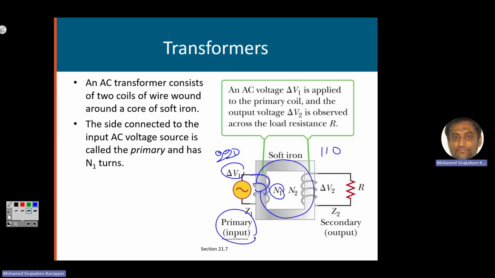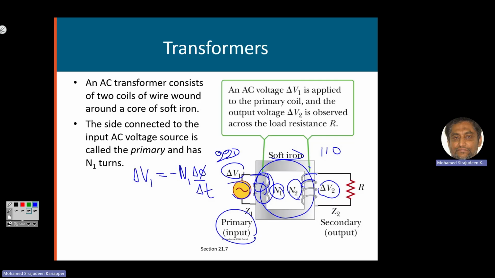And there is a soft iron core, so the whole magnetic field will be trapped inside this soft iron core. And here we have another coil, and the number of turns there is N2, different from N1. Now we can say that this voltage, delta V1, as the current flows, the voltage through the coil will also be delta V1, and we get it from Lenz's law, or Faraday's law.